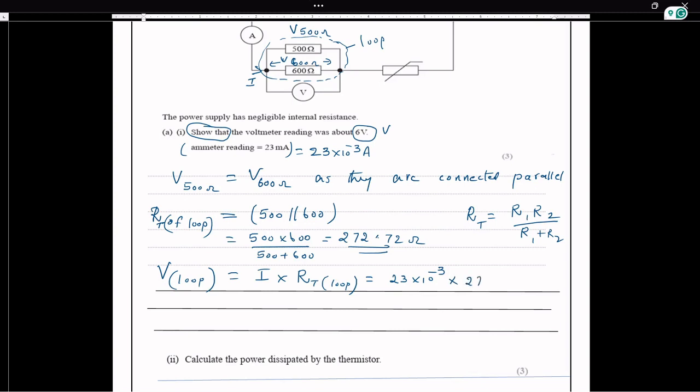Just now we calculated 272.72. So 272.72 times 23 times 10 to the power of minus 3 gives 6.27, so I can write 6.3 volts, approximately 6 volt.